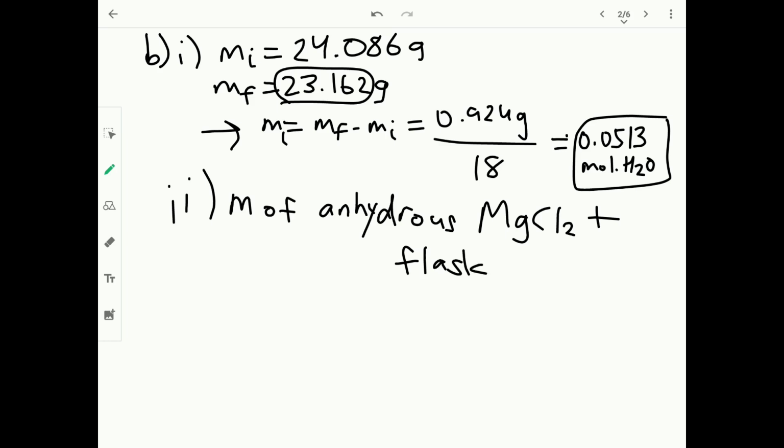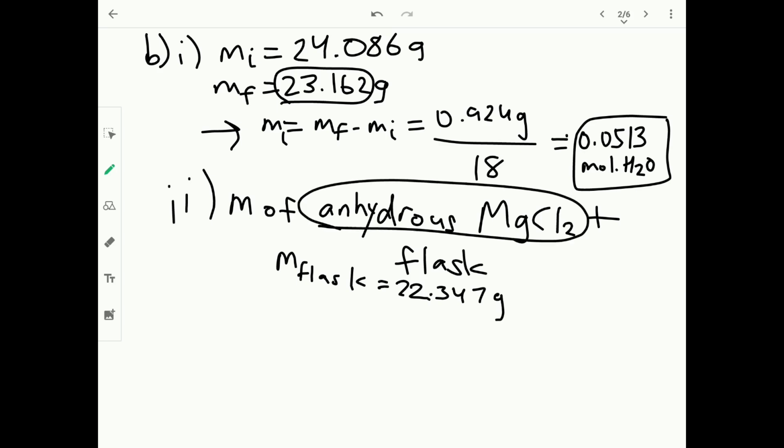Now what's the mass of the flask? The mass of the flask or empty container is equal to 22.347 grams. How do you get the mass of anhydrous MgCl2 only? Well, it's M final, because the water shouldn't be there, minus the M flask.